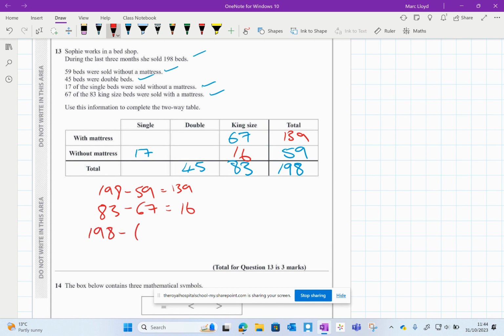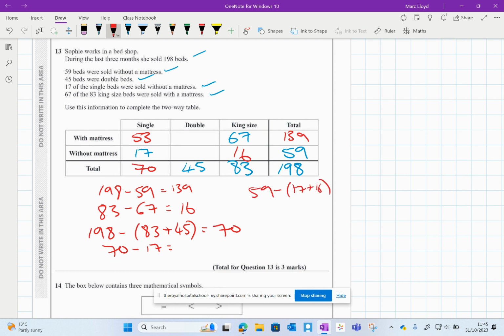But at the bottom row, I've got a gap. So 198 take away the result of 83 plus 45. 45 plus 83 is 128. 198 take away that answer gives me 70. So 70 is going into there. 70 take away the 17 gives me 53. Couple more to do. 59, take away the result of 17 plus 16.